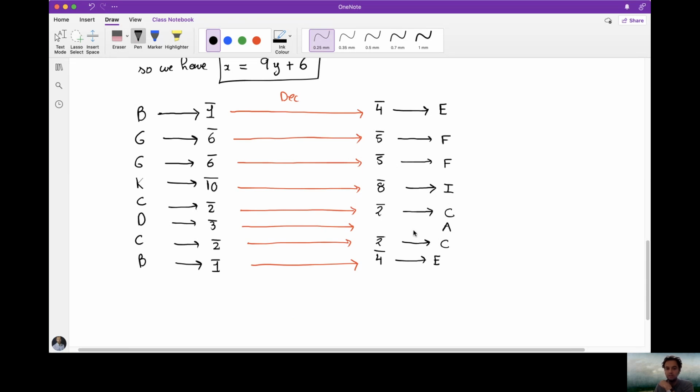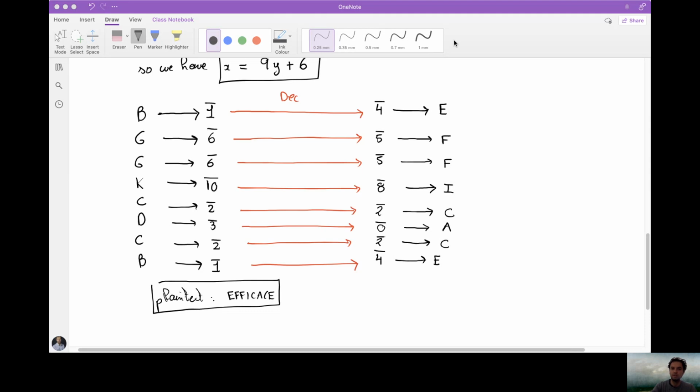It's efficace, in French. So D is going to be 3. The plain text that you had to find is efficace. Okay, for this exercise.